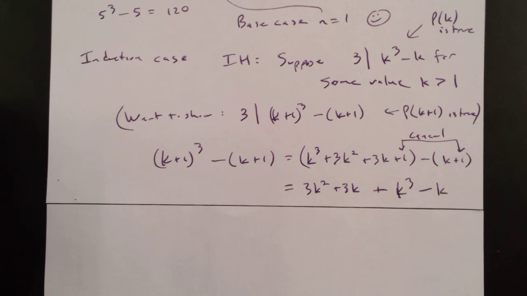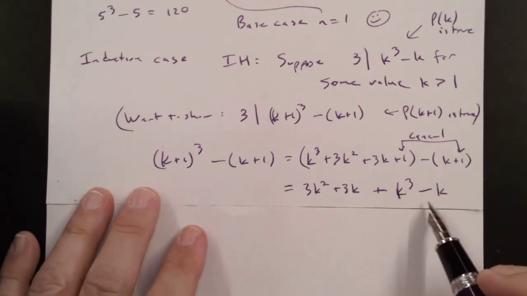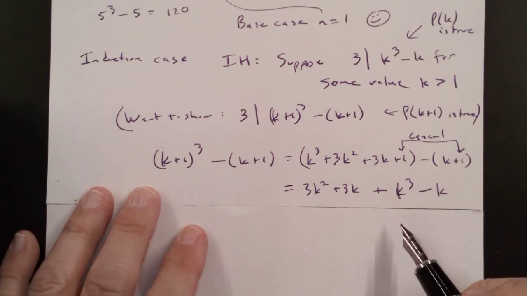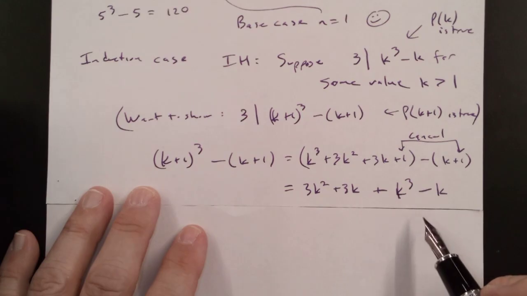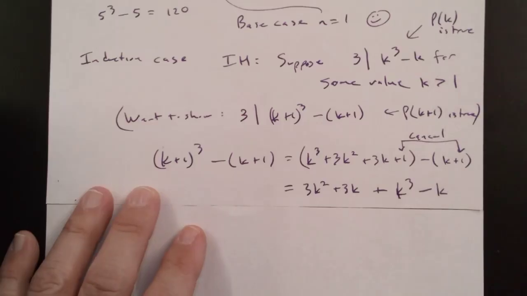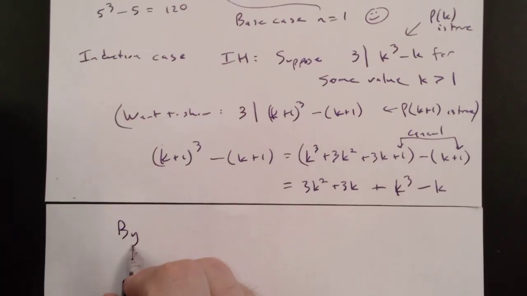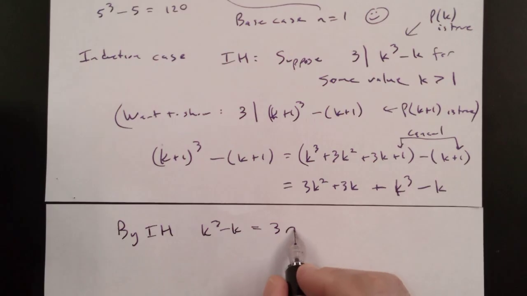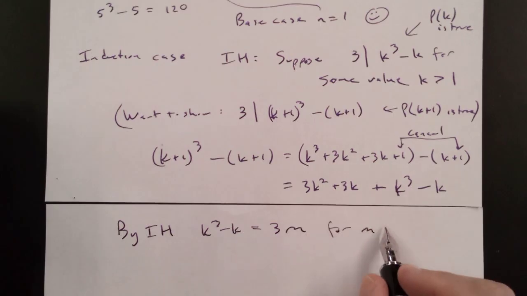Something just hit me upside the head. This. Where have I seen that somewhere? By my induction hypothesis, k cubed minus k must be equal to 3m for some integer m.